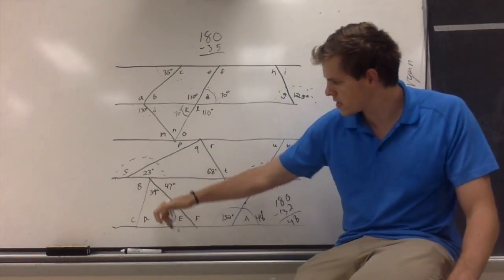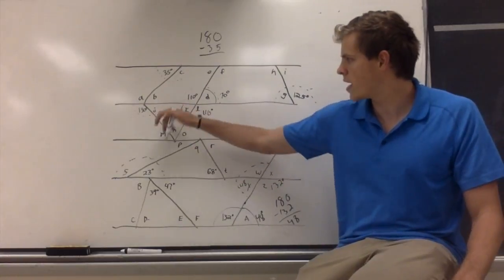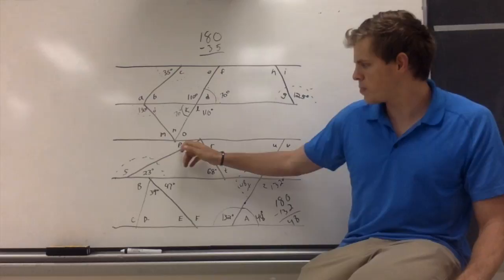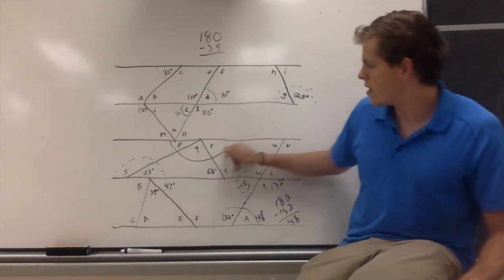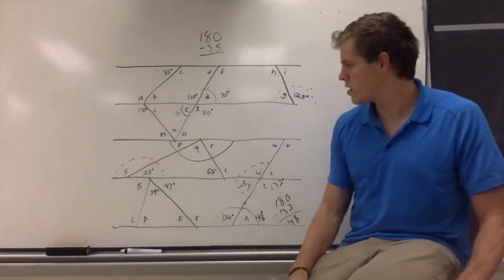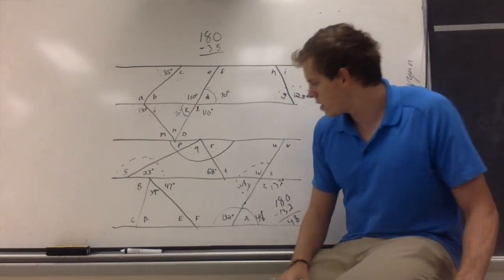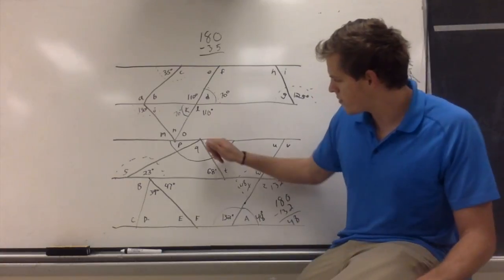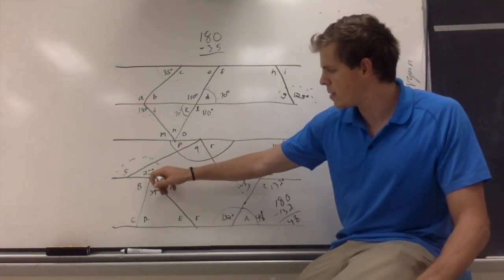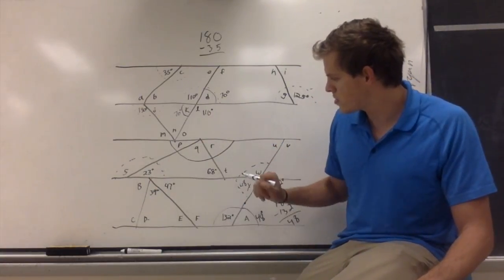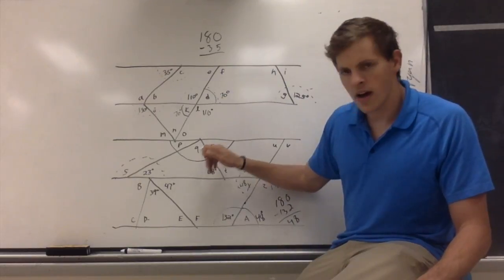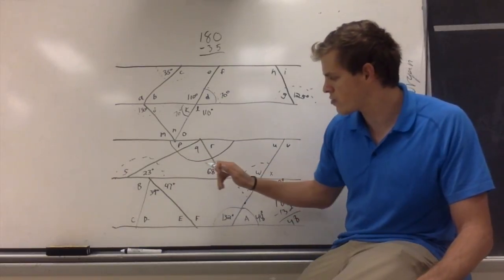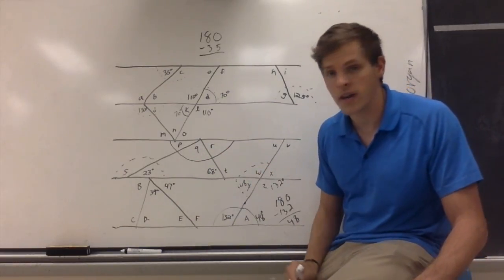The last one I'm going to talk about here are some triangles we see. We see a triangle here, a triangle here, a triangle here. I'm going to take a look at this one. If you look at P, Q, and R, all three of those are going to add up to 180 degrees. So what could we figure out first? Well, we have a line here and a line here, with a number associated with each. 180 degrees are inside of a triangle, so 23 plus 68 plus Q should be 180.